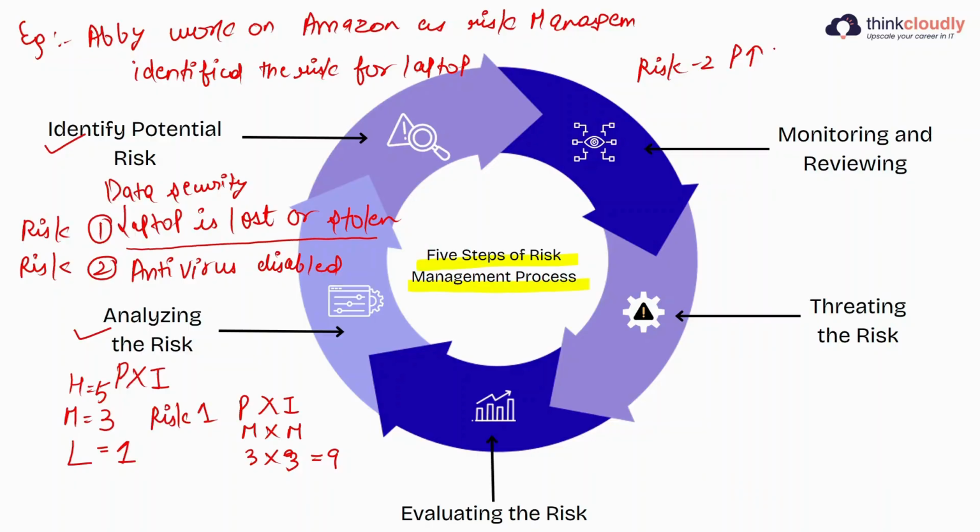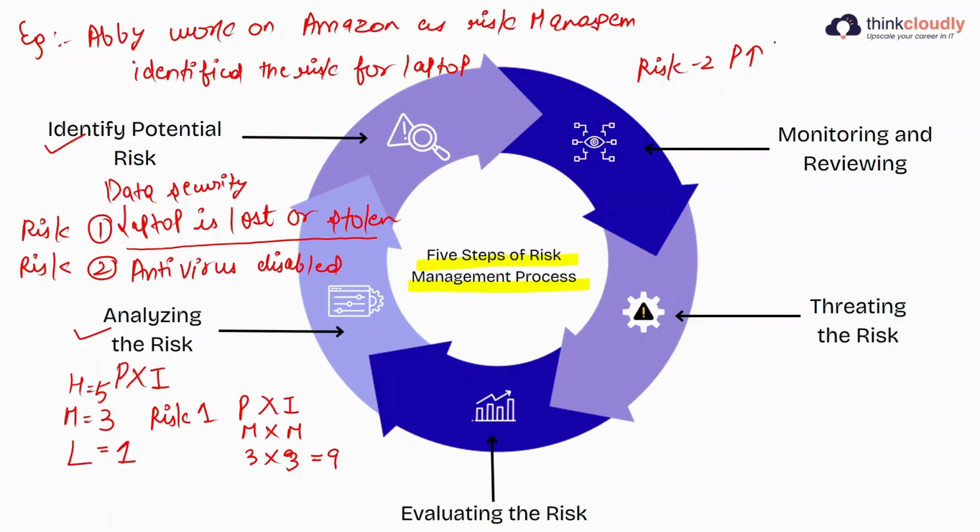Then impact. If by mistake you forgot to enable the antivirus again, it could be a very huge risk, right? Because in that case, if any kind of virus comes, your system will not have anything in place to protect it, which could be a very big issue.